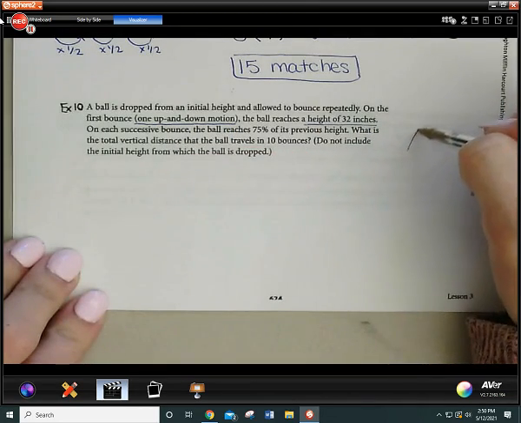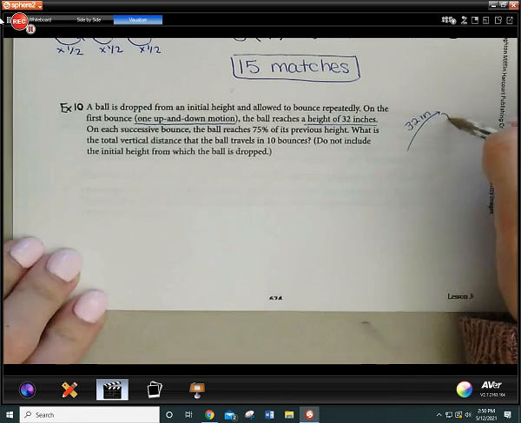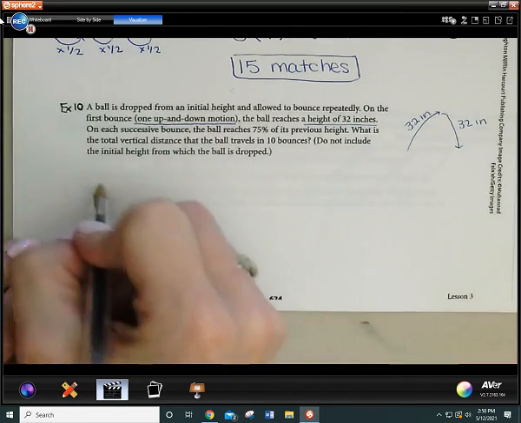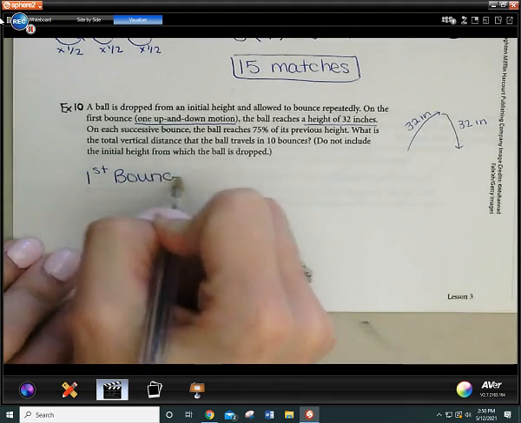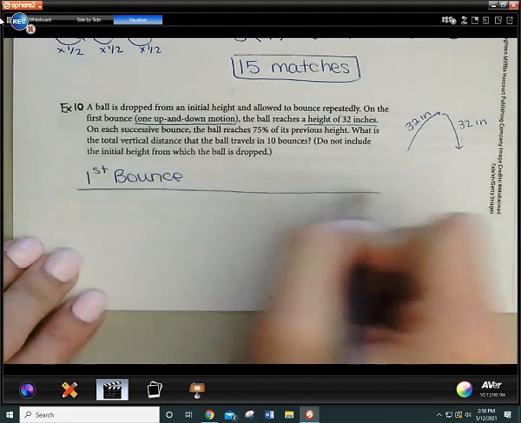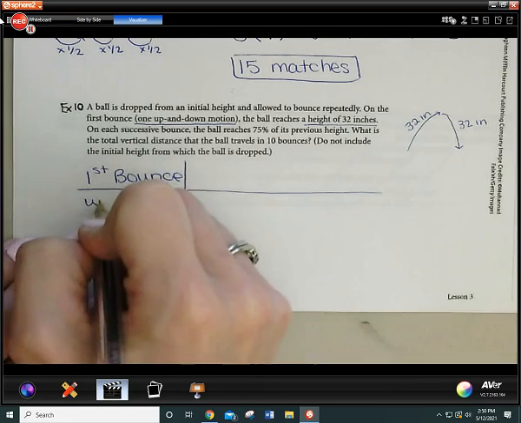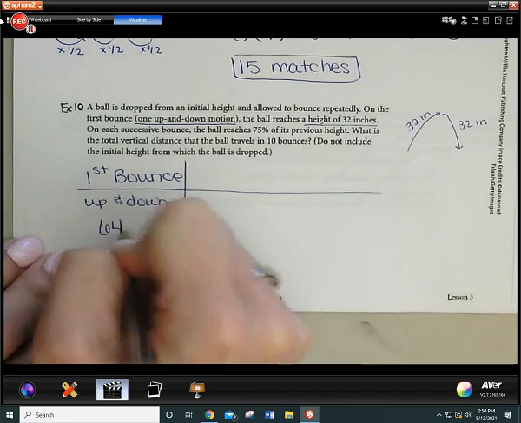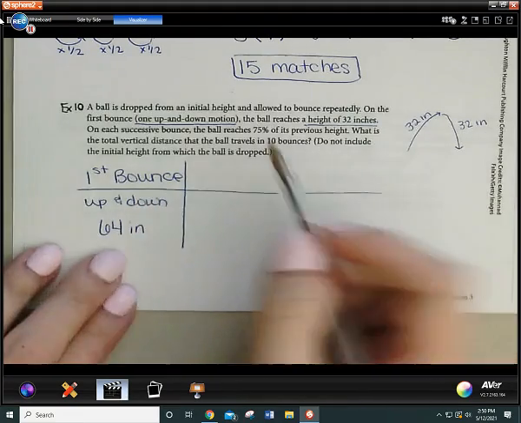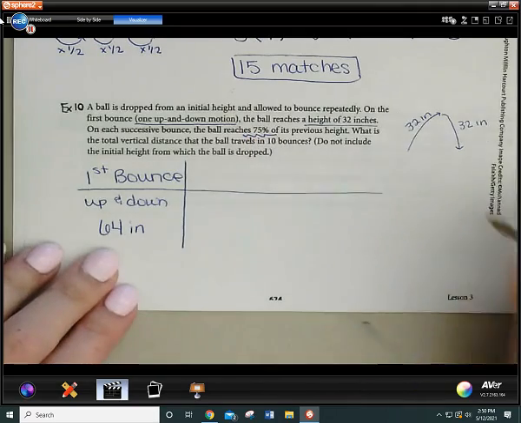So as the ball goes up, it goes up 32 inches, and then as it falls, on the first bounce it traveled up and down 64 inches. And then it says on each successive bounce, it's only 75%.